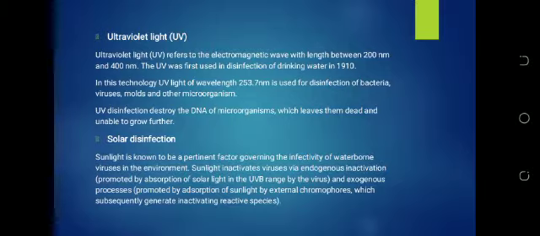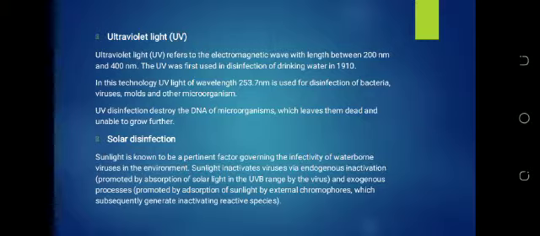which is UV. Ultraviolet light refers to the electromagnetic wave with a wavelength between 200 nanometers and 400 nanometers. UV was first used in the disinfection of drinking water in 1910.